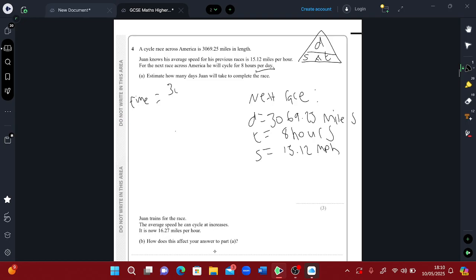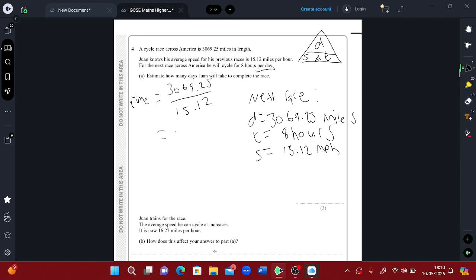So that'd be 3069.25 over 15.12. Okay, the numbers are horrific. However, bear in mind it says estimate here, which means you have to pick sensible rounded versions.